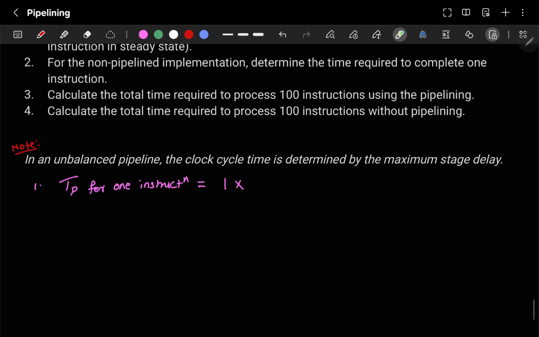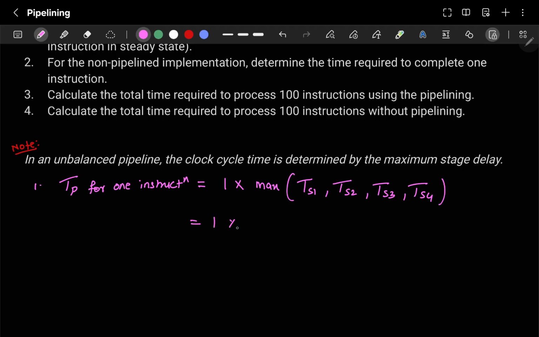So for one instruction, what would be the time period? That would be the maximum of the time taken by stage S1, stage S2, stage S3, or stage S4, right?